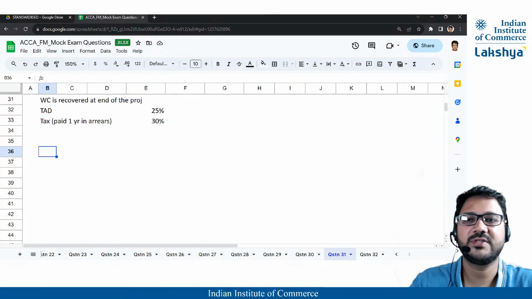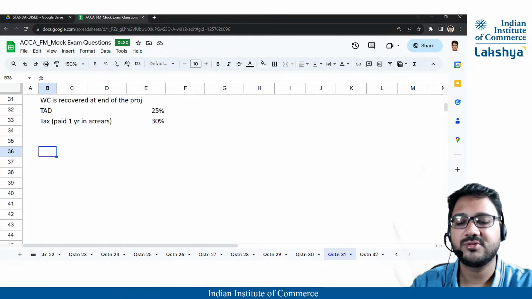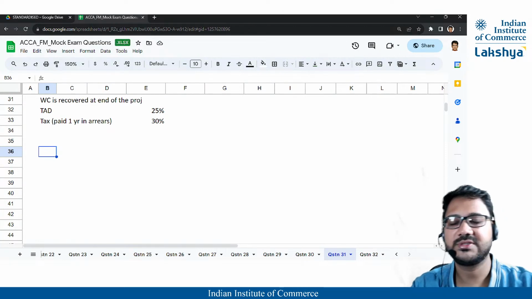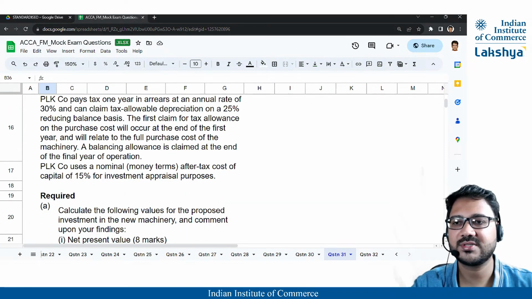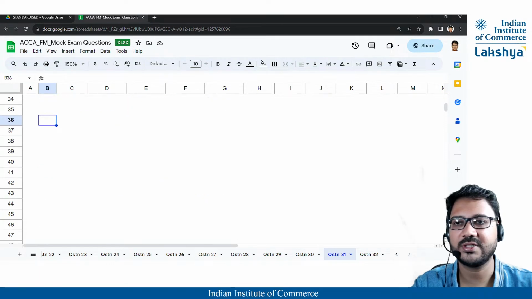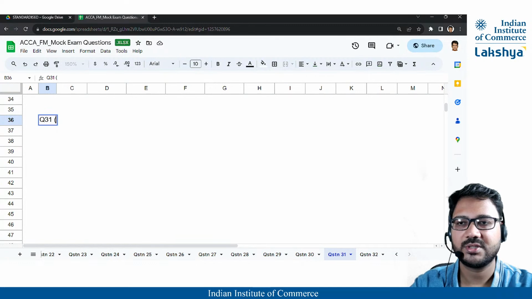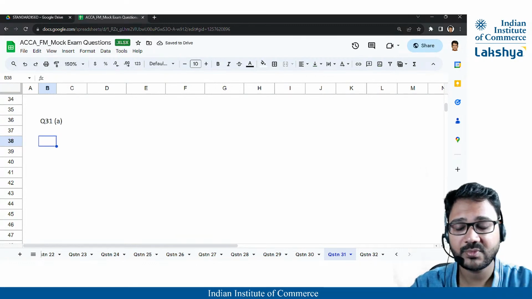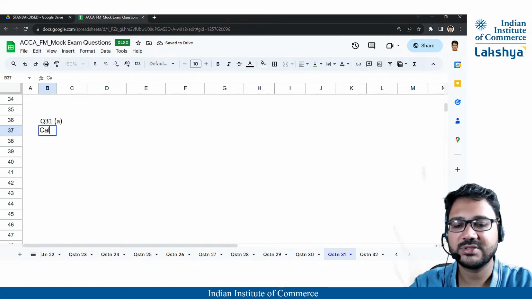So let's start with our, firstly we need to label. So this is subsection A, question 31. So question 31, subsection A, right? And then we have, what is this?